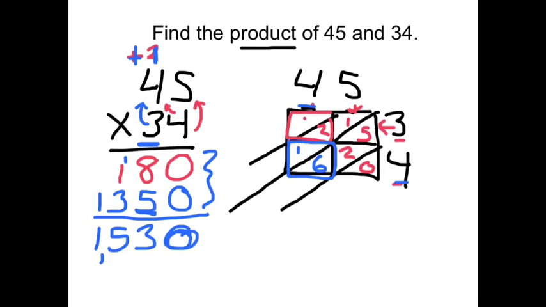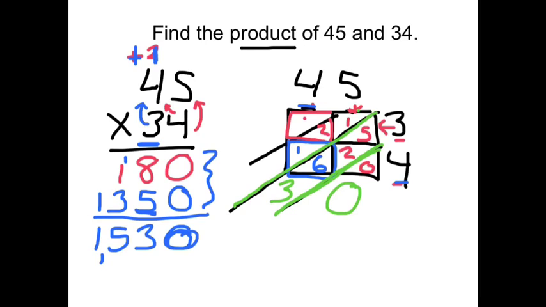So now the final step of the lattice method is to add. So along this diagonal to the right is a 0. Checking the next diagonal, in between these two, we need to add these all up. 6 plus 2 plus 5 is 13.